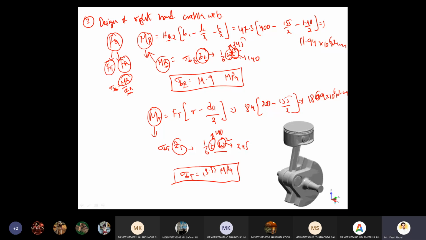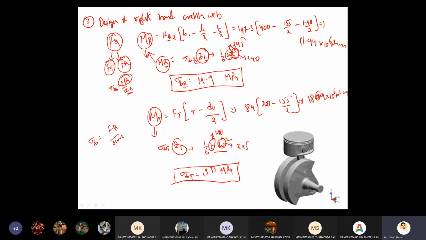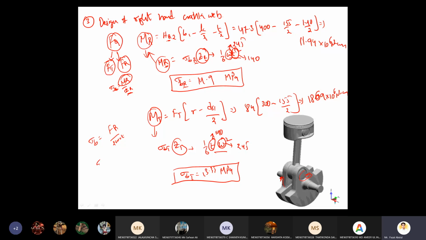And because of this FQ force, there will be a direct force acting. So that direct force we can call a direct bending stress. So direct bending stress is due to direct radial force by area, that is 2 into W into T. Why am I taking 2? Because, see here, this is one crank web and this is another crank web, so two portions will be generated. That is the reason I wrote 2 into W into T. So how much is this?